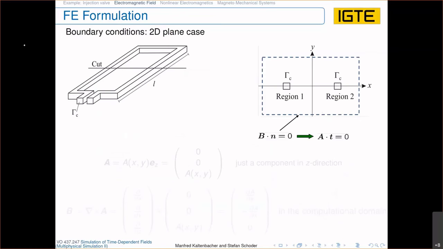Now, let's also have a look at 2D cases, because whenever it is possible, we clearly will try to compute within a cross-section and get, in quite a short time compared to 3D simulations, a first result, even if it is an approximation. Such a setup could be as shown here.